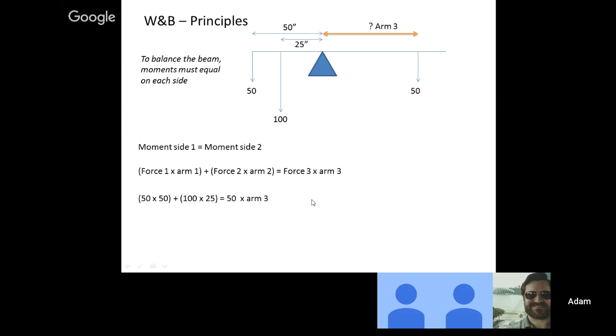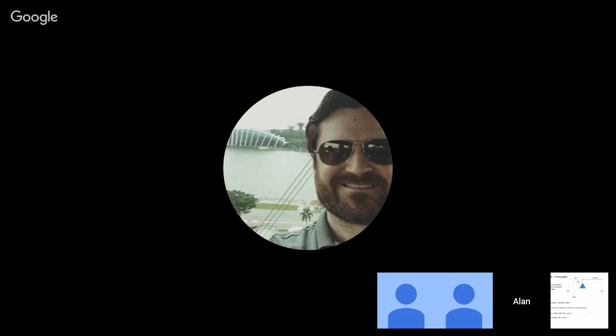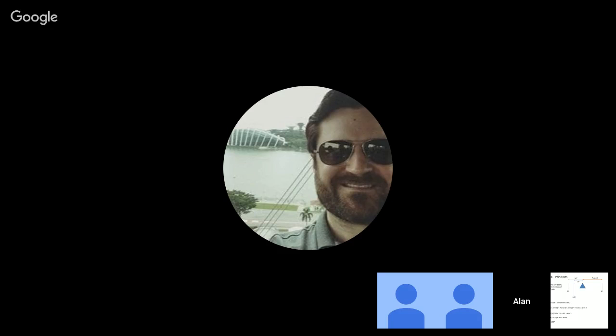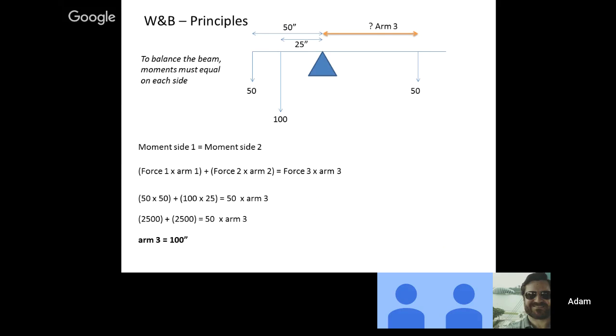And so the math works itself out if you plug all the numbers in for arm 3 to equal 100 inches. Now they may ask for weights. They may give you all the arms and say, well, how much weight must you put at 100 inches out to balance the beam? And so you'll have to show your proficiency of just plugging and chugging algebraic stuff here to get the unknown variable.